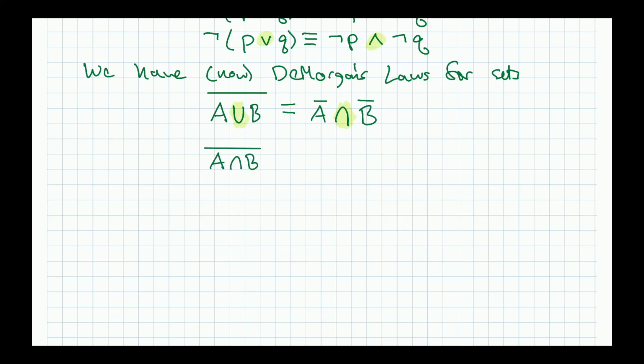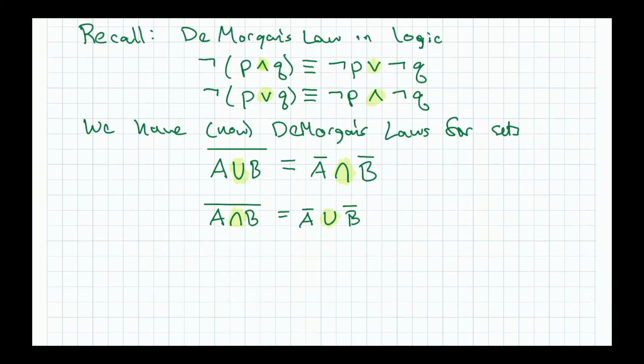If you do the complement of the intersection, it's going to be the individual complements, but then it'll be a union between them. Same thing, the symbol switches, just like it did for logic. Okay, and actually the reason it switches is because of De Morgan's law for logic, right? So we can actually prove it using logic.